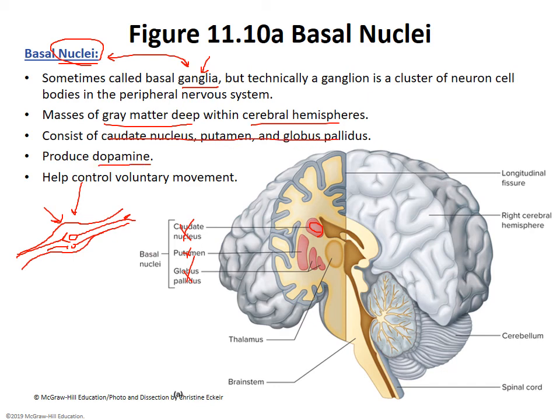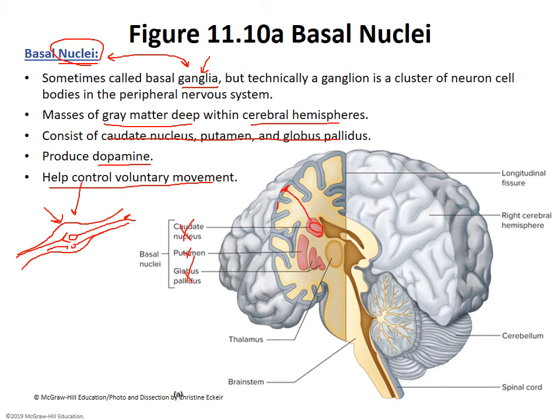This is the area of issue in Parkinson's. It says here it helps control voluntary movement. So let's say I've got a neuron here and a neuron here that are working my hand, and I'm sending a signal out.